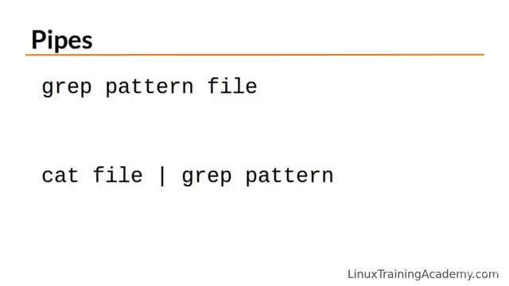That's because cat displays the contents of the file on standard output. The pipe takes the standard output from the cat command and passes it in as standard input to the grep command. Since no file name was specified for grep to act on, it takes standard input as its input.